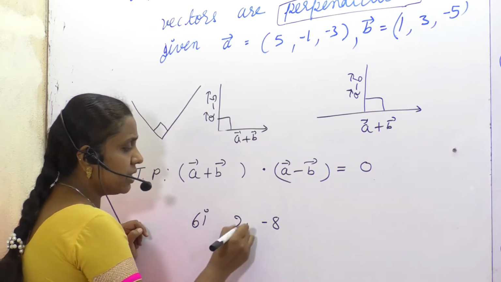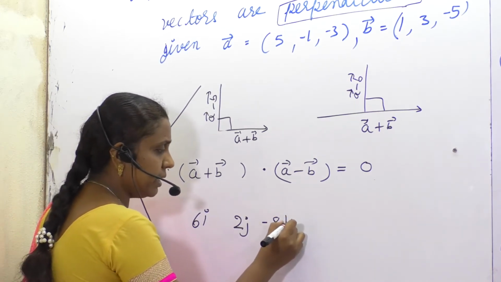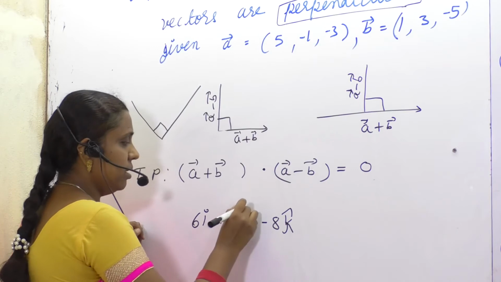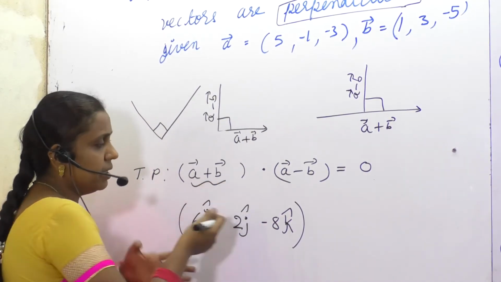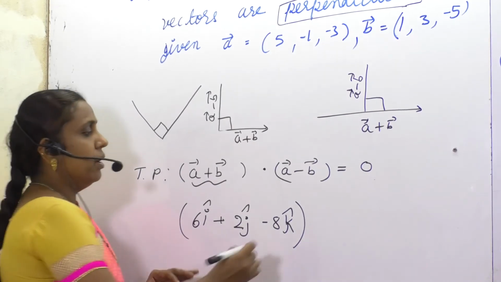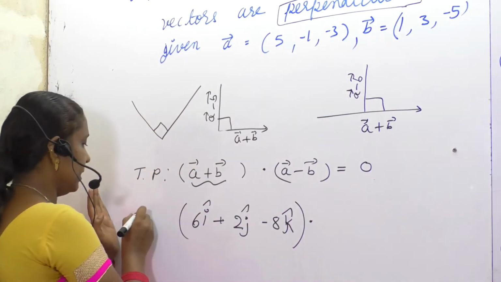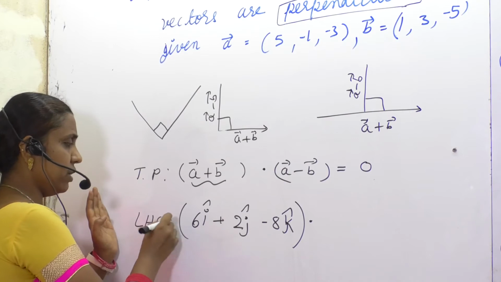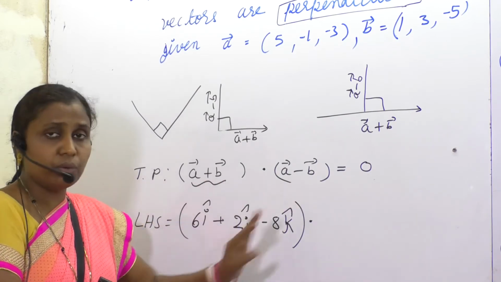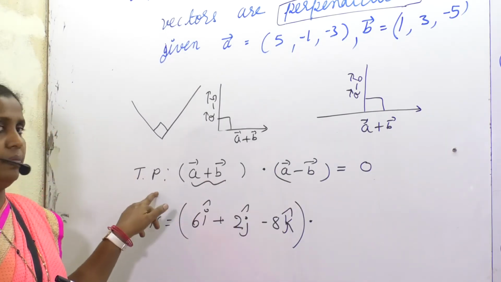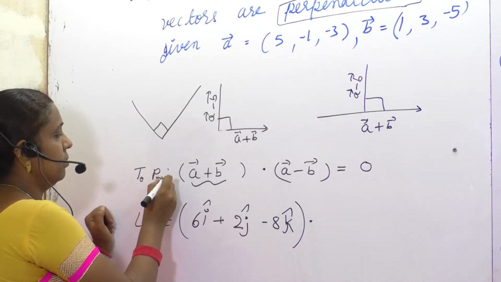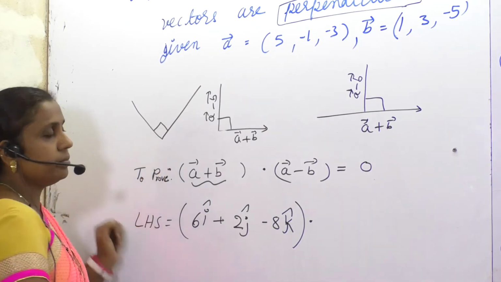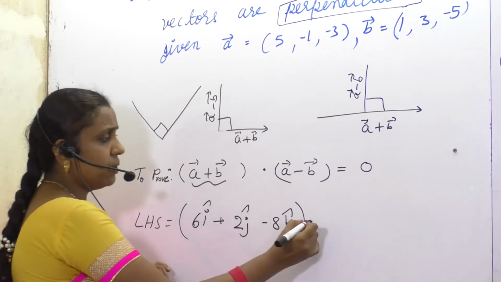So I, J, K, the terms will be attached here. This will be the vector A plus B. Dot. Let me consider LHS. I will not put equal to 0 now itself, that is what we have to prove. To prove, so LHS, only this one I have considered.